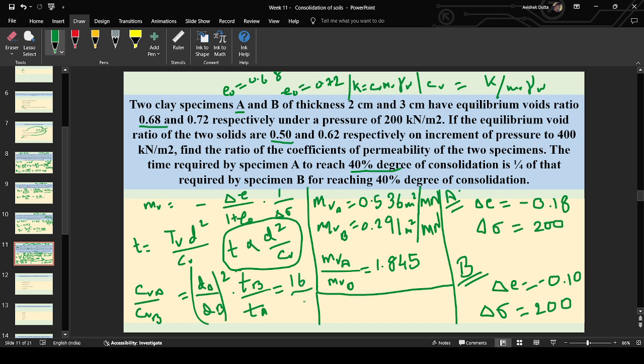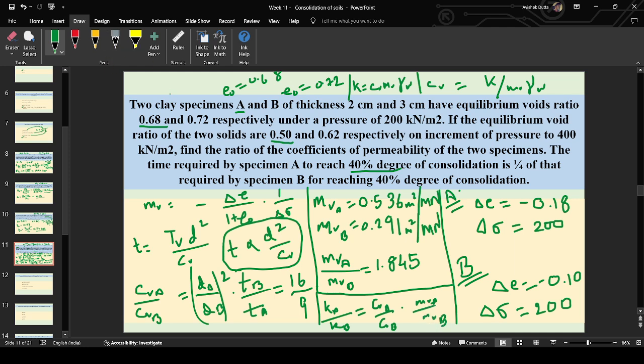Can you follow? Yes, sir. So this ratio of CvA to CvB will be 16 by 9. Now I have to find out ultimately the value of Ka to Kb. So very easy. It will be CvA by CvB multiplied by mvA by mvB.